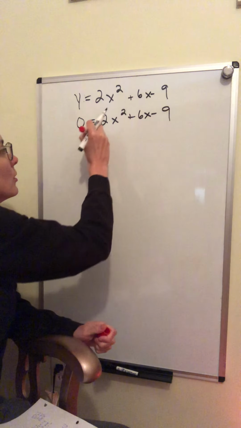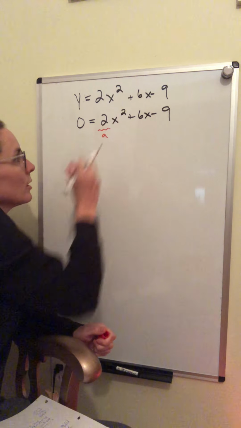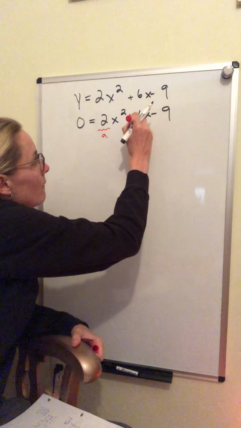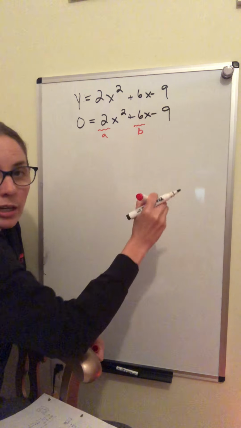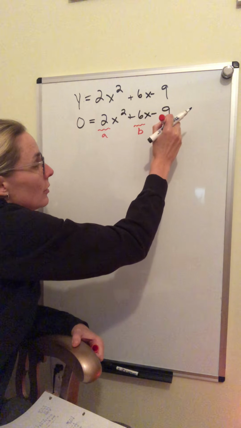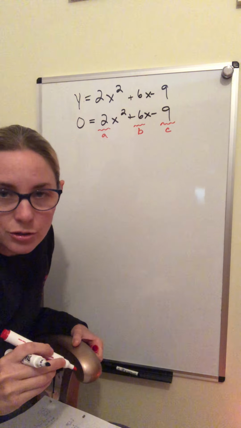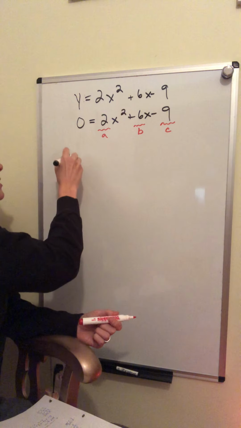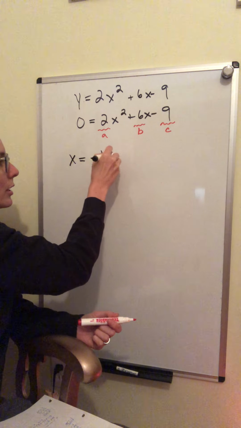Some things to remember. Value in front of x squared is your a value. Value in front of x is your b value. Value at the end, the constant, is your c value. You want to plug this into the quadratic formula.